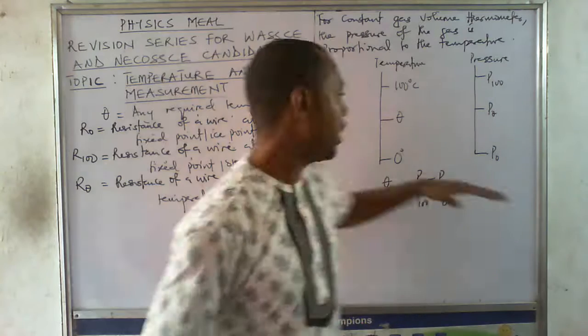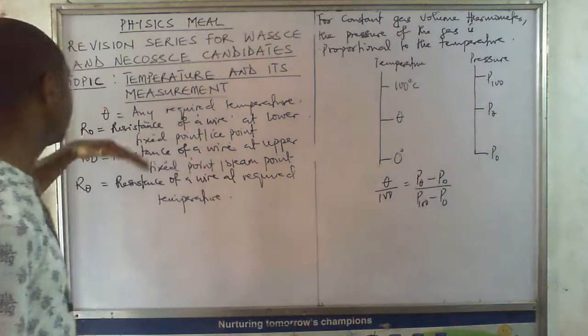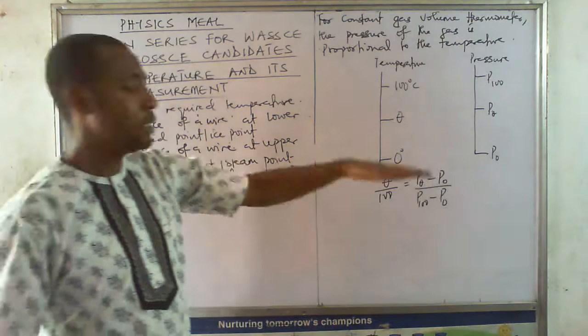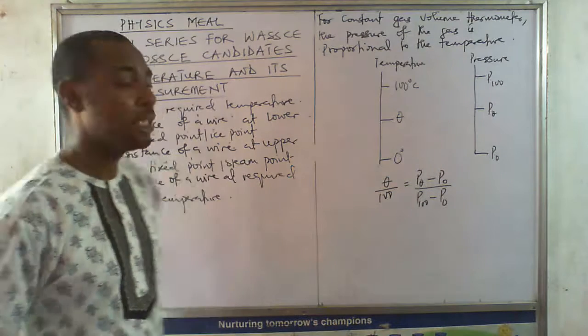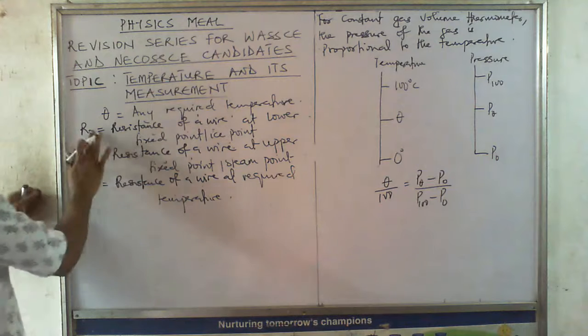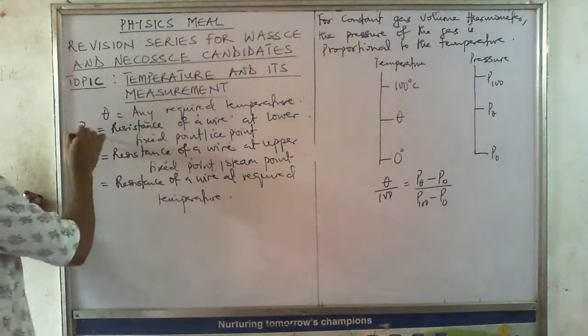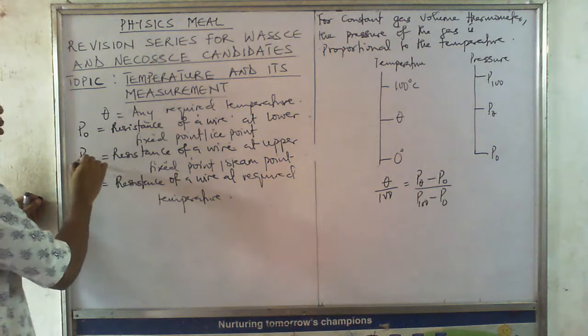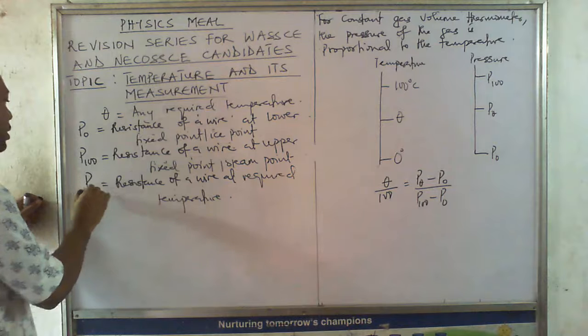And we can define this the same way we defined those of the liquid in glass thermometer and the resistance thermometer. So we can put this as P naught, we call this one P100, and this is P theta.